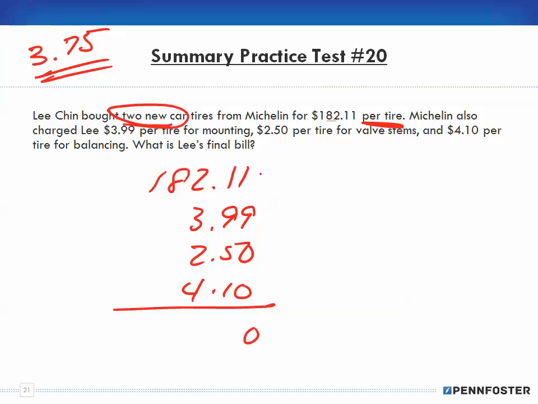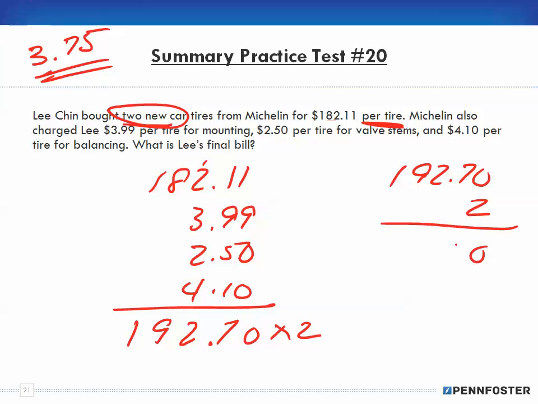That gives me $192.70, times 2 for the 2 tires. That's $385.40.